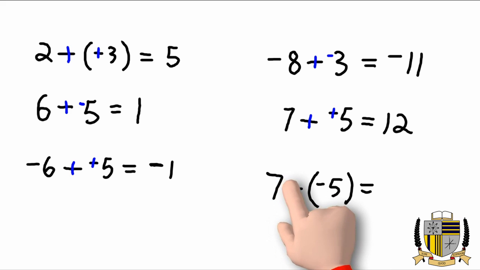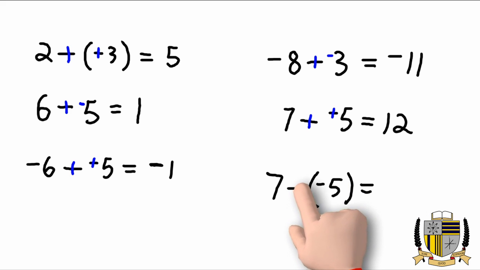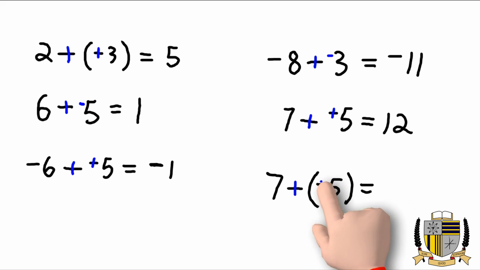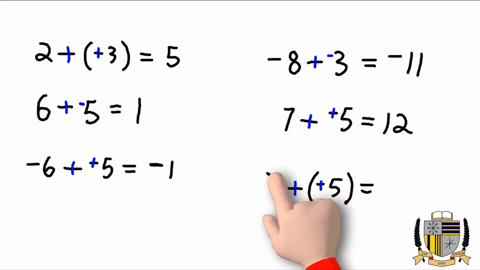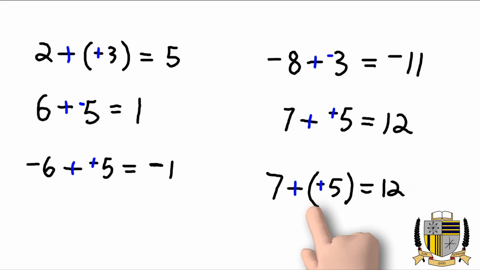It's a 7 minus a negative 5, and the same rules apply. We're going to turn it to a plus, and we're going to write the opposite sign. And now we have a positive 7 plus a positive 5, which will just end up being 12. So don't get confused, especially when you start seeing parentheses.